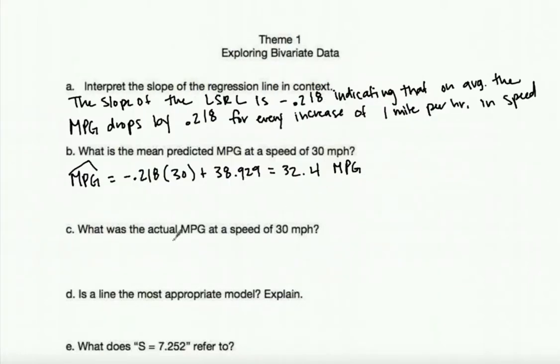So if it's at positive 3.5, that's our residual. And remember, our residual equals our actual minus our predicted. So our residual is positive 3.5.